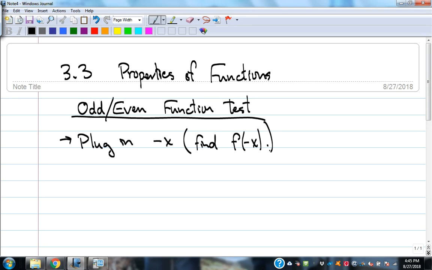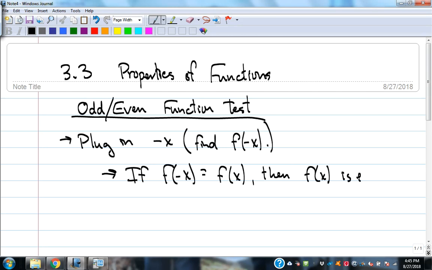The results: if f of -x equals f of x, then f of x is even. What that means is, if you plug in a -x and work it out, and it turns back into the exact same problem you started with, exactly the same as the original, then it's an even function.